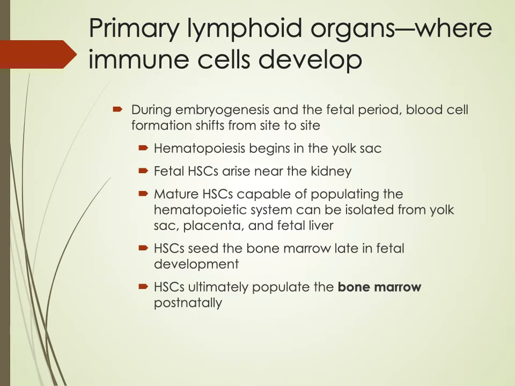And then that can further develop in the placenta and fetal liver. Eventually these hematopoietic stem cells will go into the bone marrow late in the fetal development, and from then on, that's going to be where the population occurs.